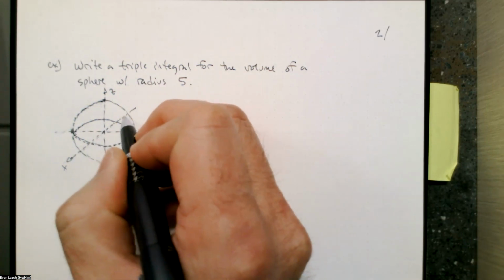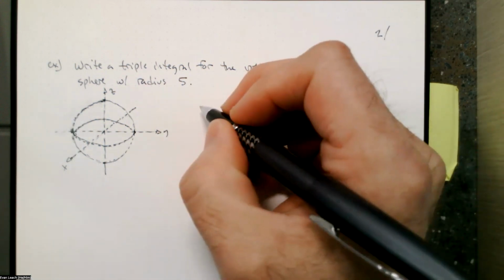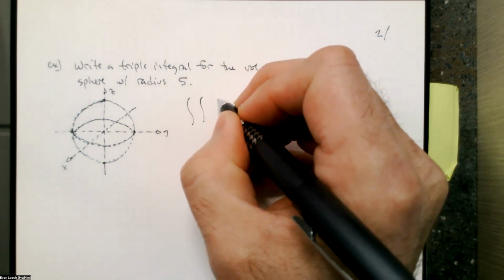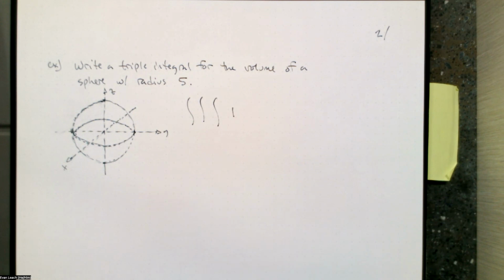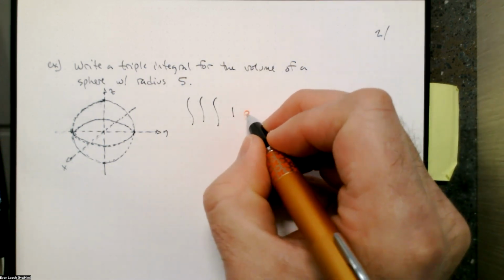So we're going to switch to spherical coordinates. We're going to make a triple integral of the function 1 because that will give us the volume of the solid. Now, in spherical coordinates, I can't just have d rho, d theta, and d phi. I need rho squared times sine phi as part of my dV.